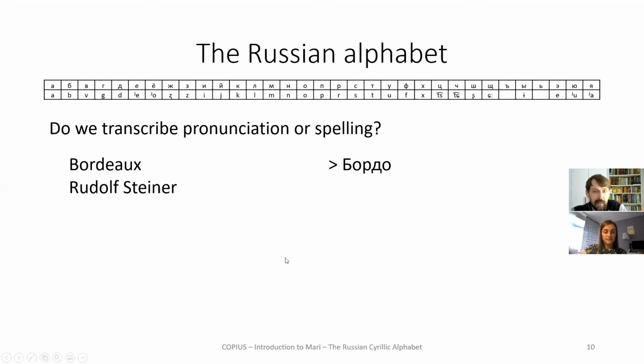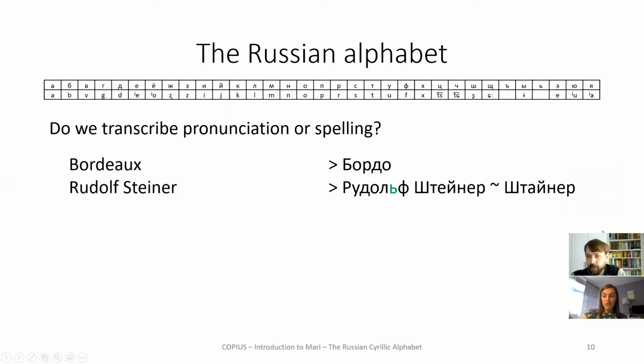If we have, for example, Rudolf Steiner, and if you speak German you will know this, an S before T is pronounced as a sh, even though it is written with what orthographically would usually be an s. And this in Russian is then Рудольф Штайнер or Штейнер. So the rendering of the vowel is variable here because German has this I sound that Russian doesn't really have.